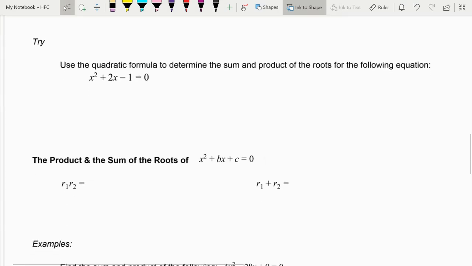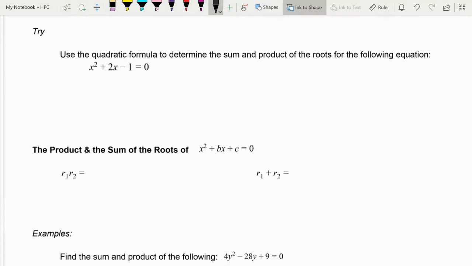Okay, next we are going to use the quadratic formula to determine the sum and product of the roots for this equation. So let's first use the quadratic formula. We have x equals opposite of b, add and subtract, square root of b squared minus 4 times a times c, divided by 2a.